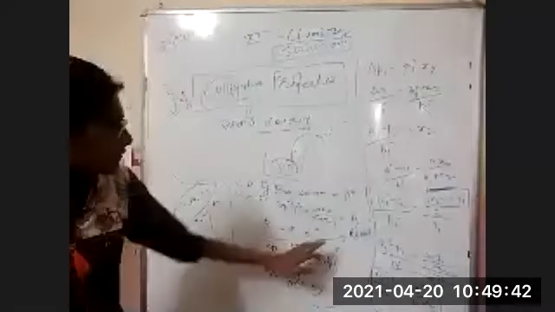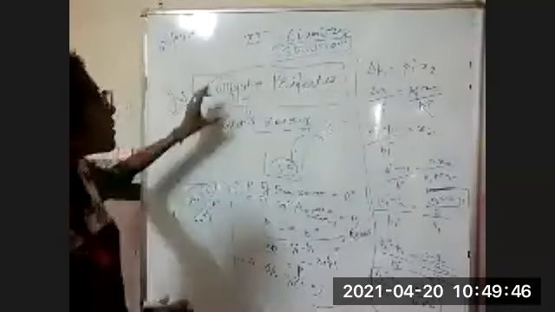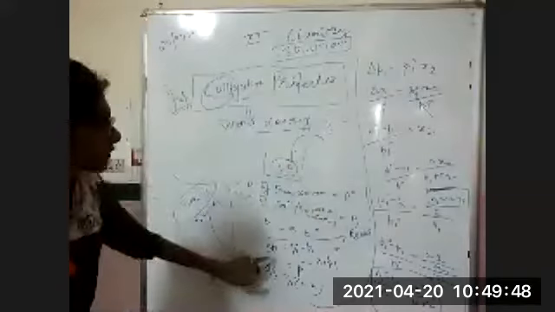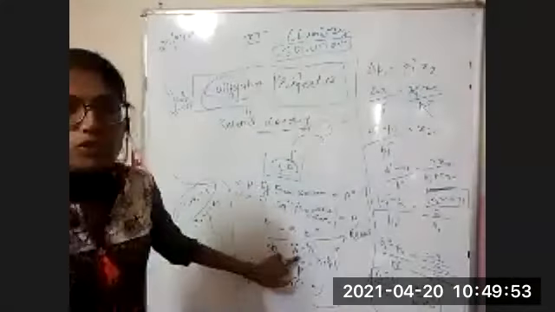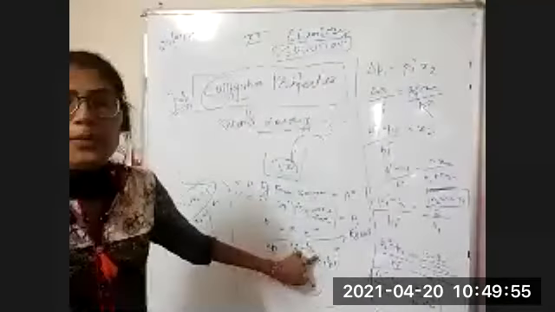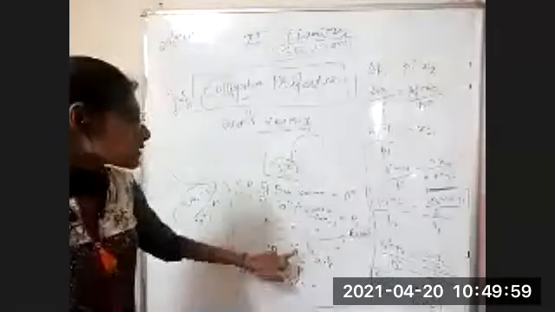So this is P1, this is P1 naught. According to lowering of vapor pressure, we get delta P1 equals P1 naught minus P1. P1 naught is the vapor pressure of pure solvent, P1 is the vapor pressure of solute plus solvent, which must be less than the pure solvent.